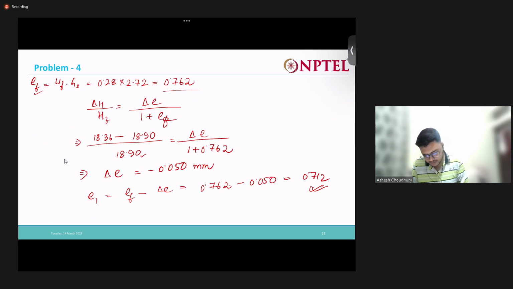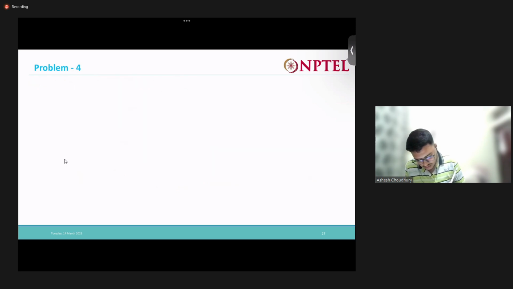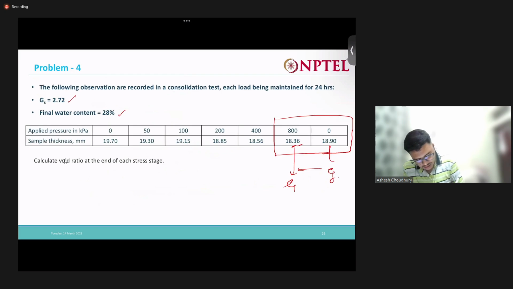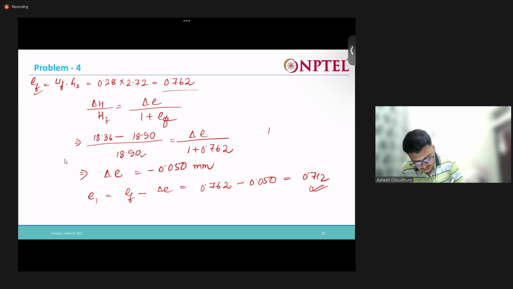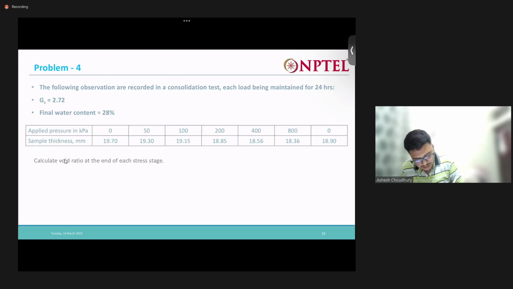Let us see. e_f, so initially it was 18.36. From 18.36 it has become 18.56.